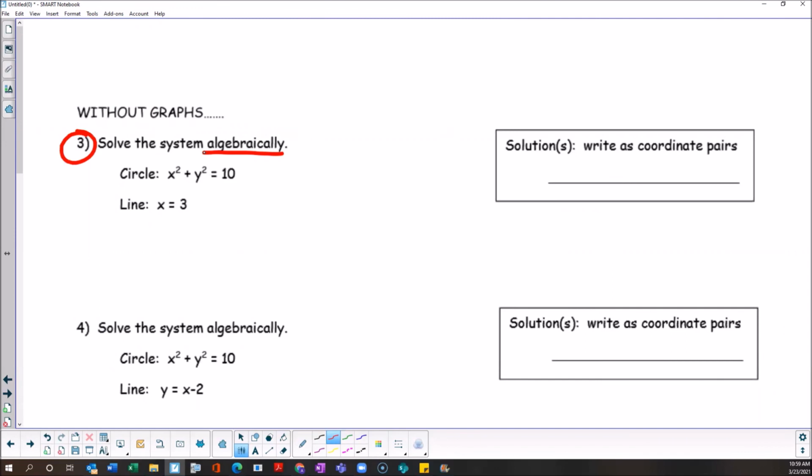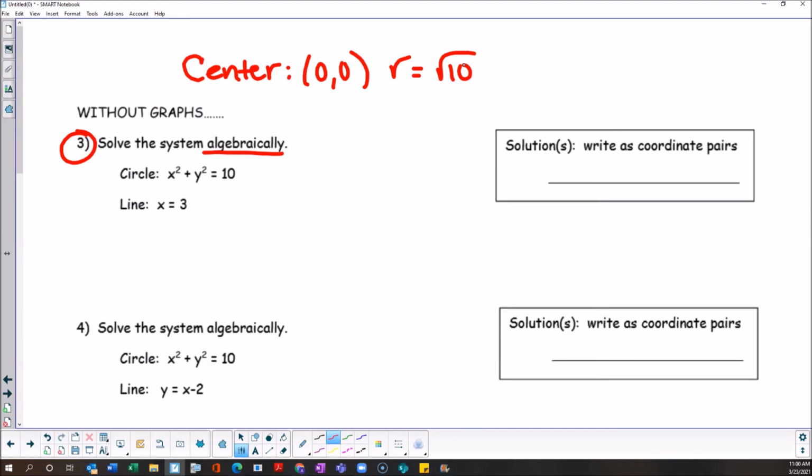So on a problem like number 3, that doesn't graph very nicely, does it? Like the center would be easy, right? The center would be 0, 0. But the radius is the square root of 10, which is kind of awkward to graph. So we can kind of estimate it, but if you're actually trying to solve for points that work on both the line and the graph, it's a little bit harder.